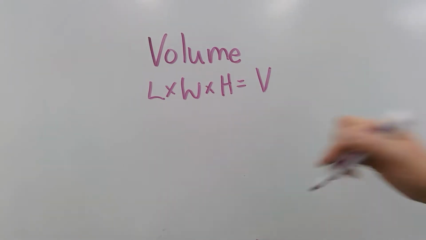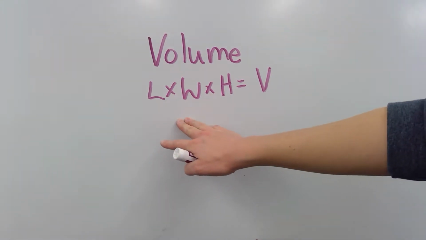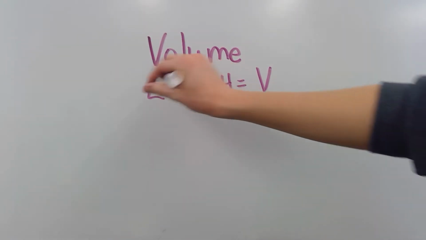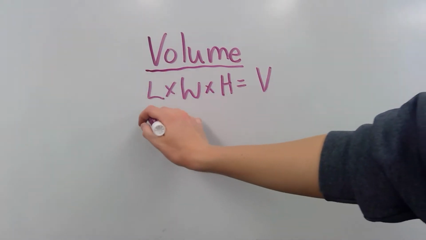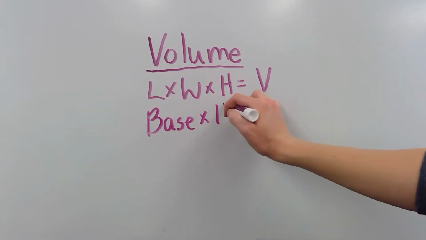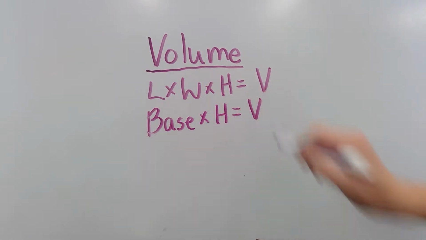Now another formula, a formula is like a pattern we can follow to find something. Another formula you may find to find the volume of rectangular prisms is to do the base times the height, and that will give you the volume. So let me show you what that means.